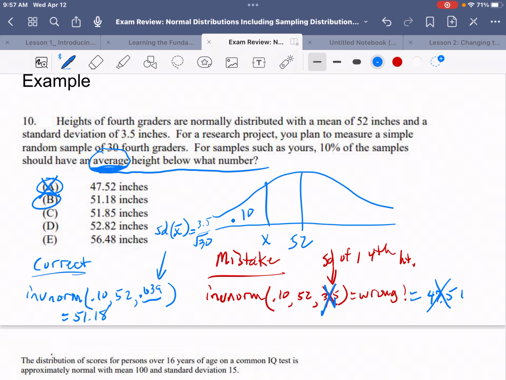That is wrong. So you've got to understand the difference between whether they're asking you for the percentage of the distribution of individual values or if they're asking you for the percentage of the distribution of a mean, and use the right standard deviation formula.